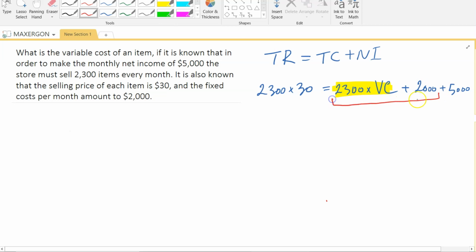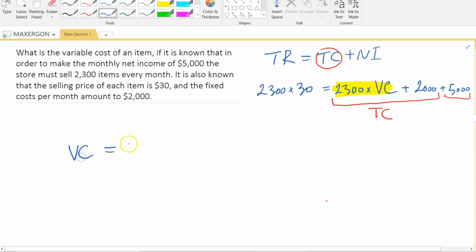I remind that this highlighted yellow is total variable costs, but this underlined red is total costs. So it's total costs, that part of the equation, and net income is $5,000. So this way, this equation should become clearer. If we now solve this equation, we'll find variable cost.